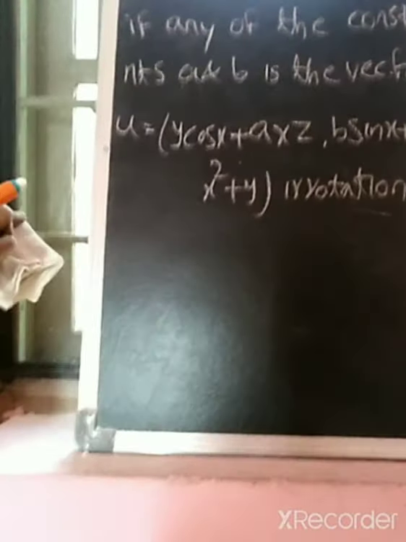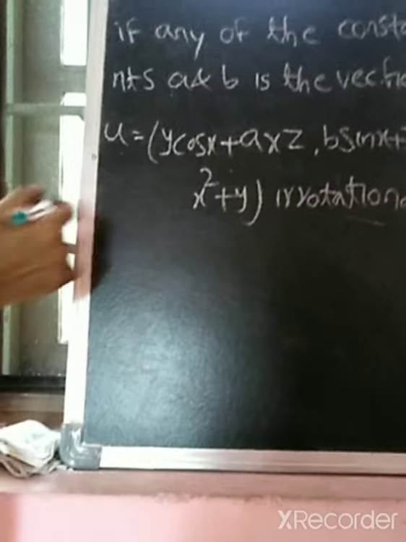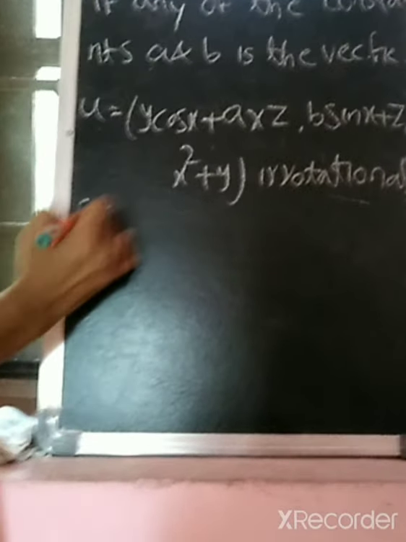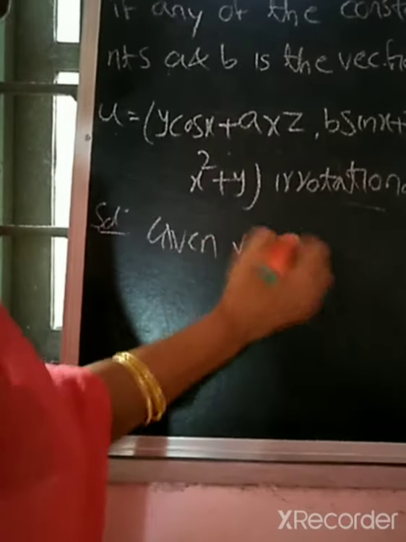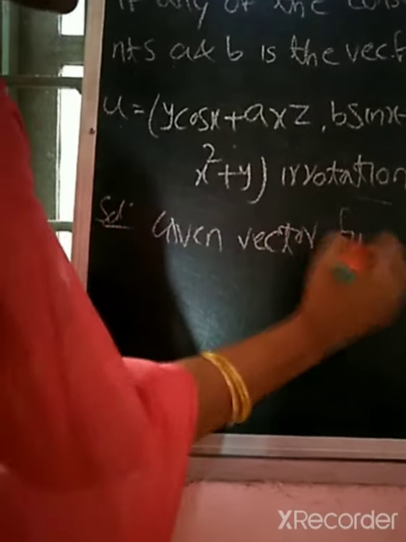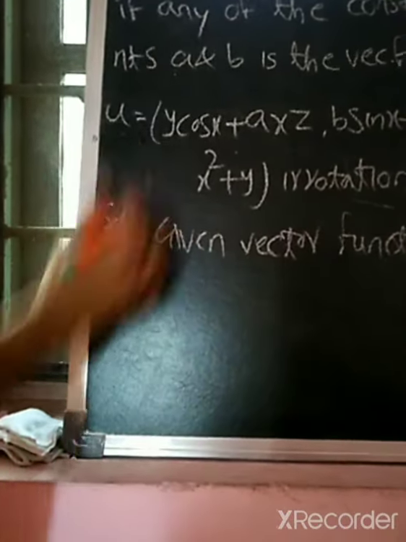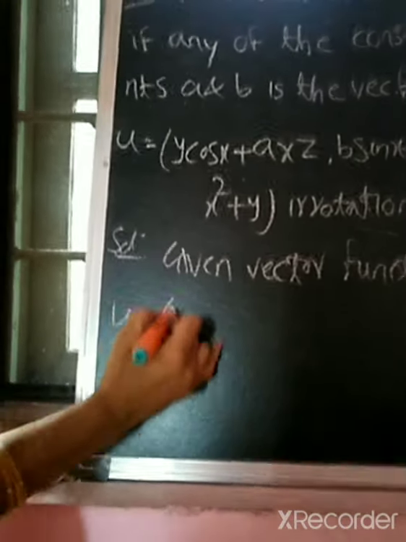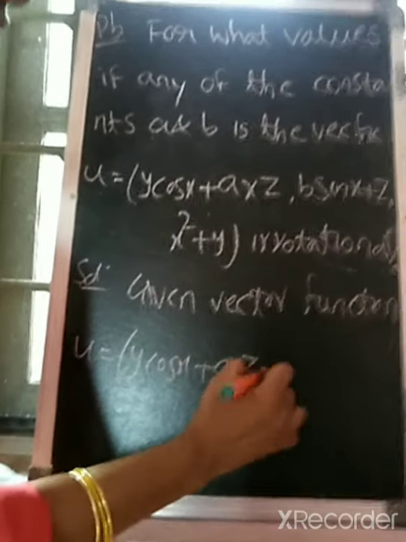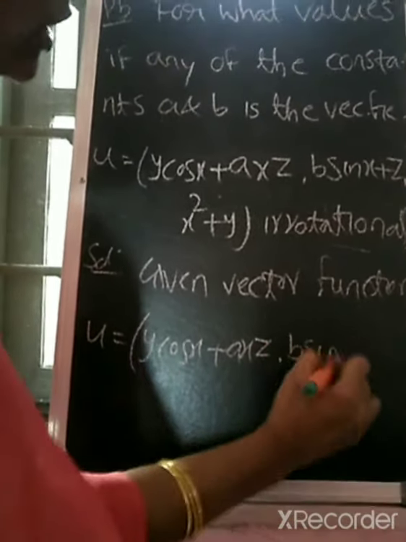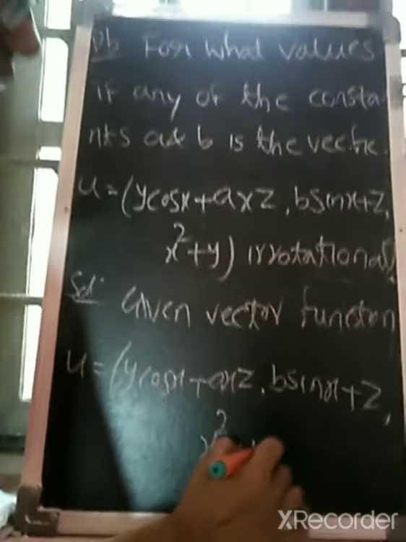So first, solution. Here the given vector function is u equal to y cos x plus axz comma b sin x plus z comma x square plus y.